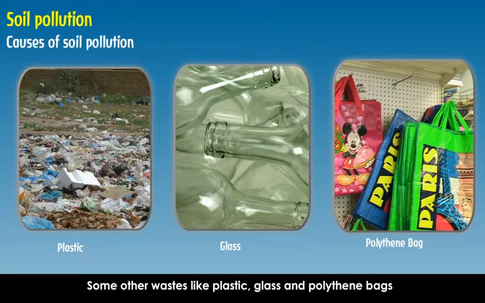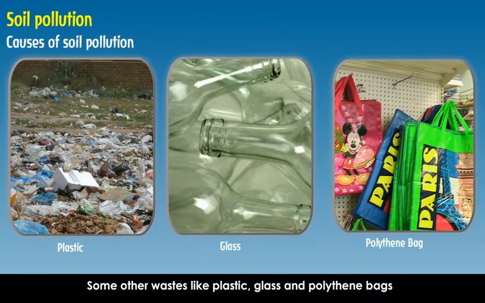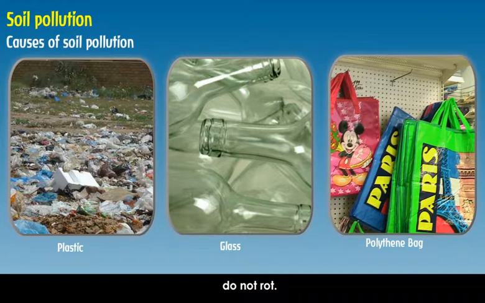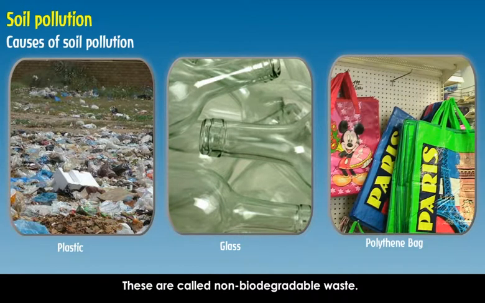Some other wastes like plastic, glass and polythene bags do not rot. They stay in the soil for many years. These are called non-biodegradable waste. Waste like polythene and some chemicals pollute the soil to a great extent.